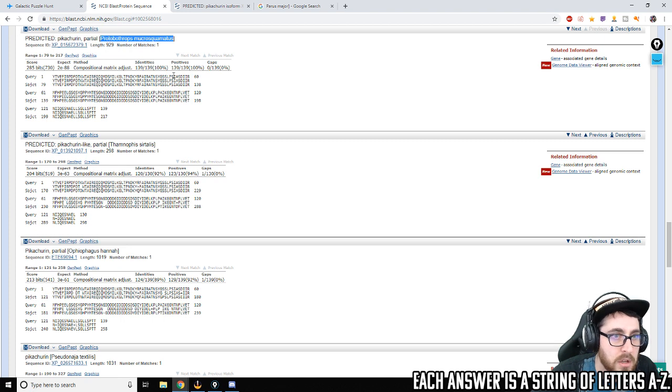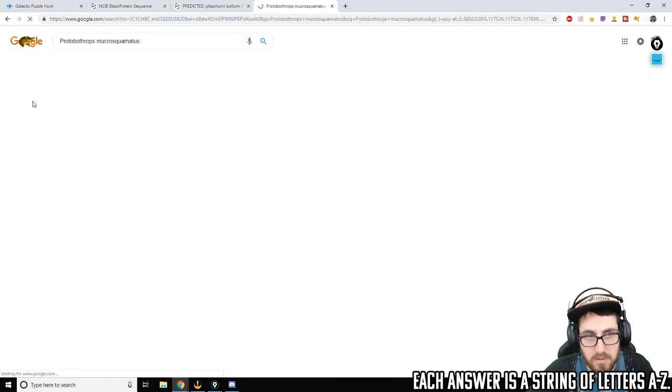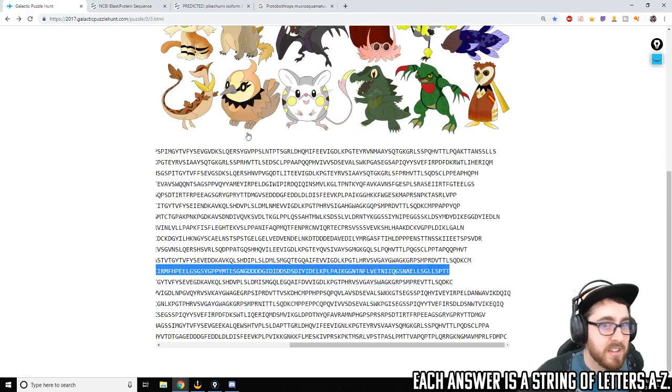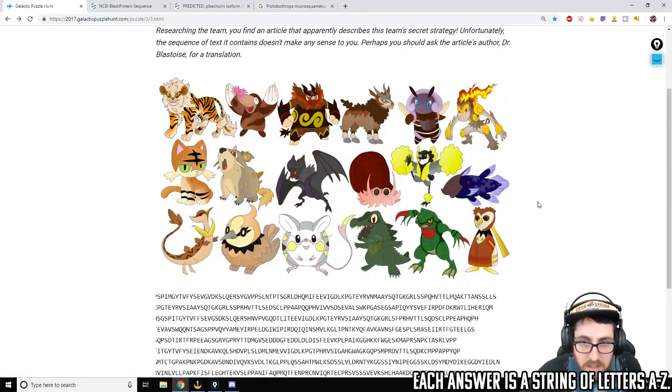What the? Protobothrops? Snake, a venomous pit viper species. I don't think we have any venomous pit vipers here.